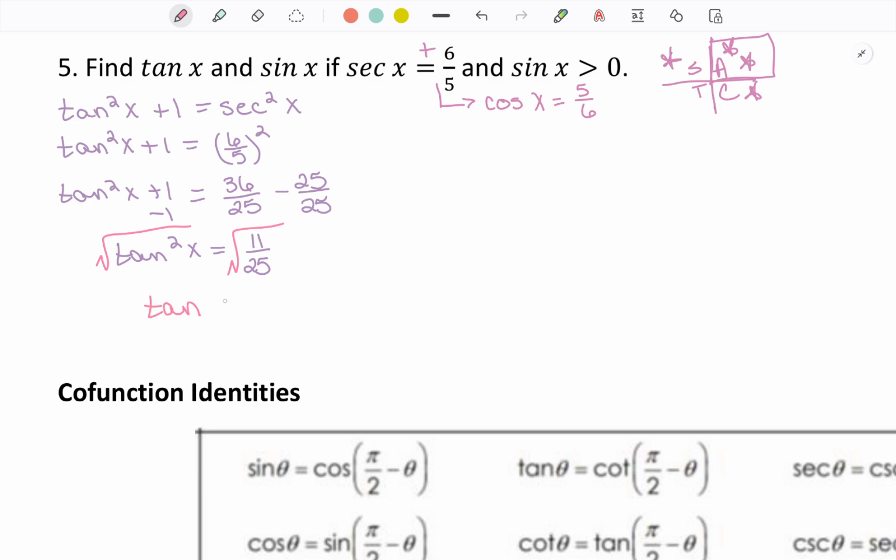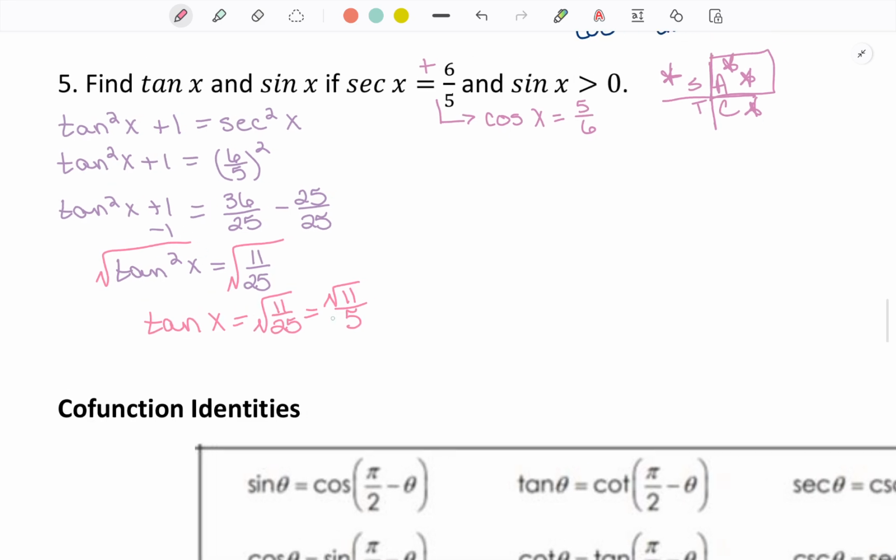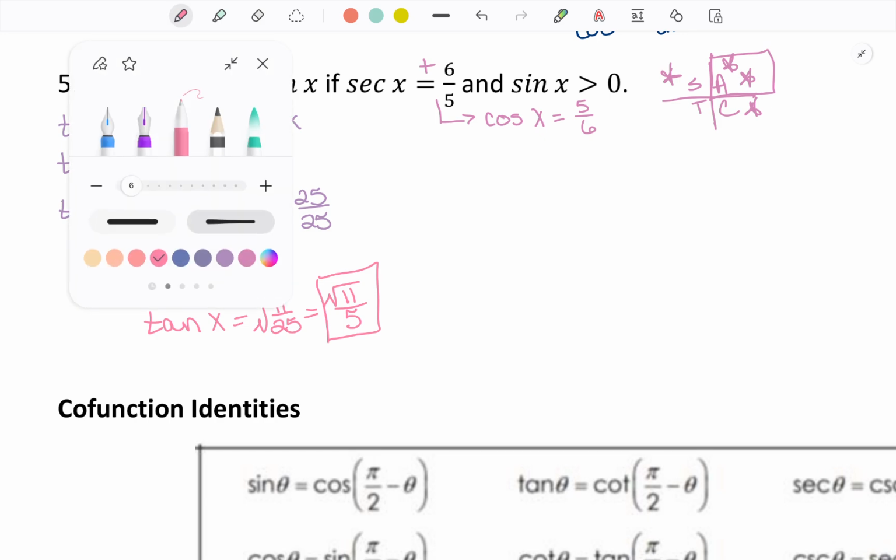And so tangent x will be the square root of 11 over 5. And since this is in quadrant 1, this positive value is fine. So now let's go ahead and look for sine x.